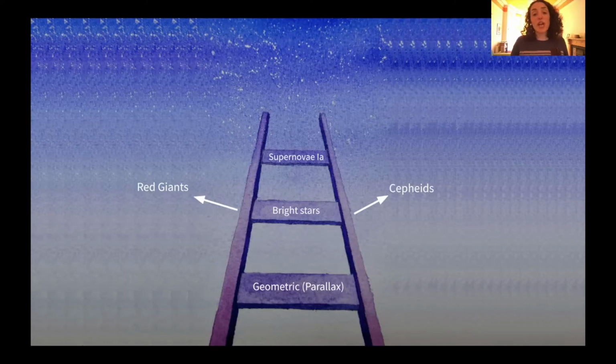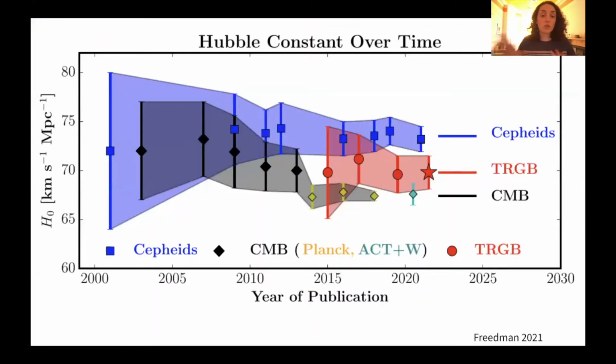And because of these challenges, when we use these two methods, we get different results. So for example, here you can see the measurements of H0 versus year of publication and how the distance ladder measurements using Cepheid and CMB estimates of H0 have drifted apart.